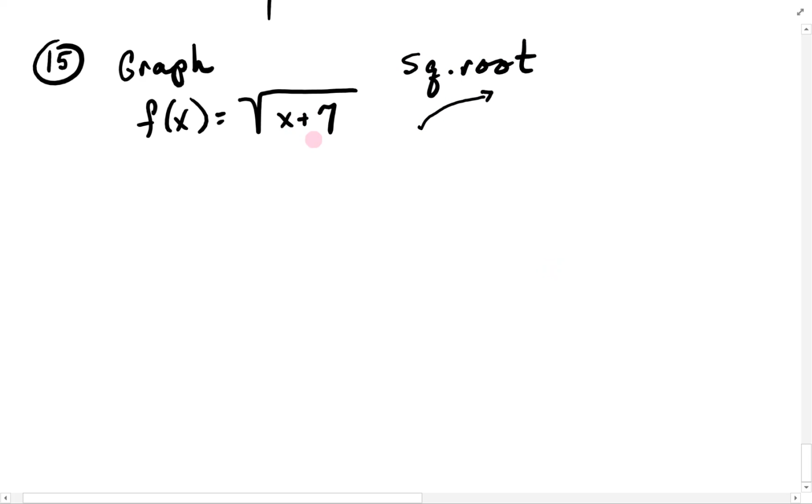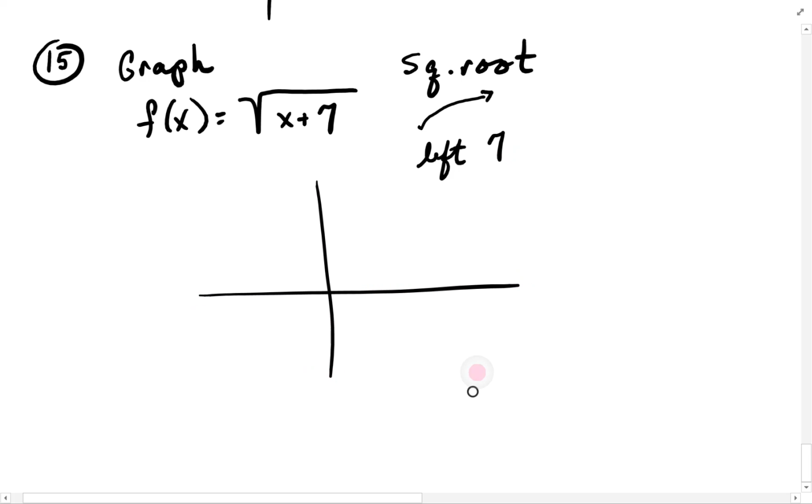And because they are working inside the square root, it's going to have a left-right shift, opposite of what the sign says, so it's going to go left 7. So I think first about the shape. It looks kind of like that. So I go 1, 2, 3, 4, 5, 6, 7.